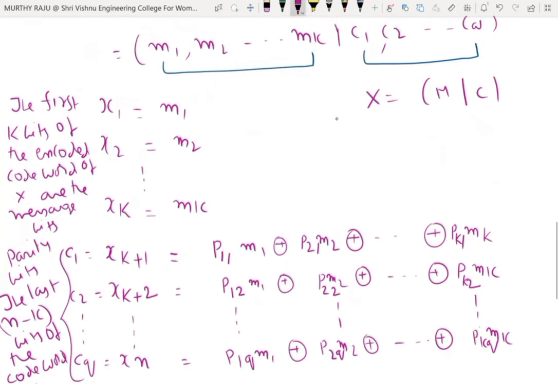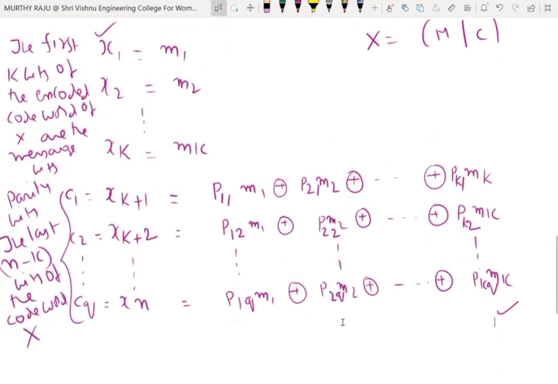Convert this into matrix form. Here x1, x2, xk, xk plus 1, up to xn.